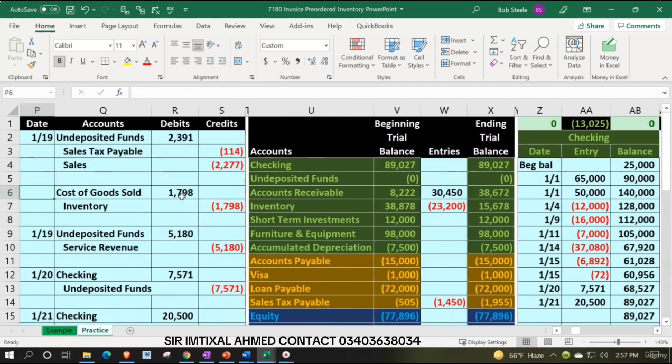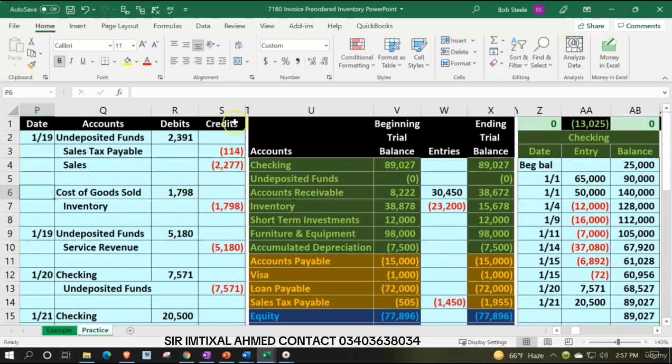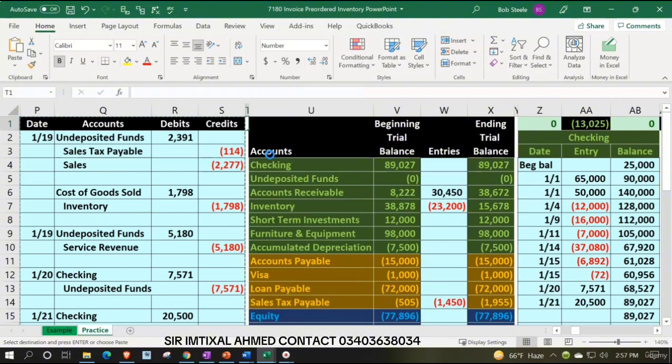But we need more space because there's not enough space down here. So I'm going to add some more general journal columns by going from P to S, copy, put our cursor in the skinny, right click, and insert copied cells.